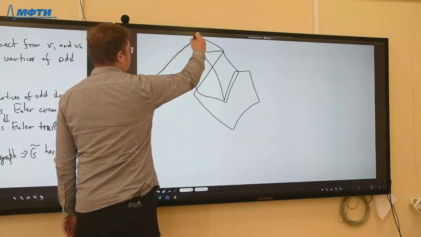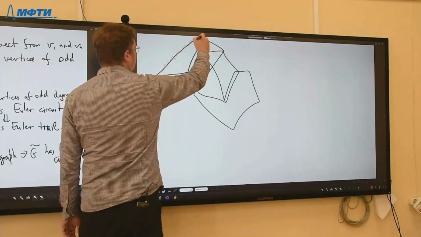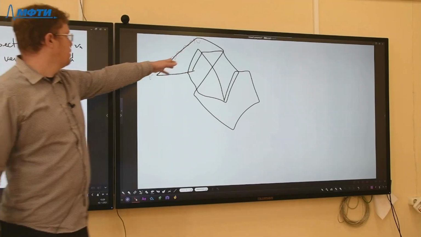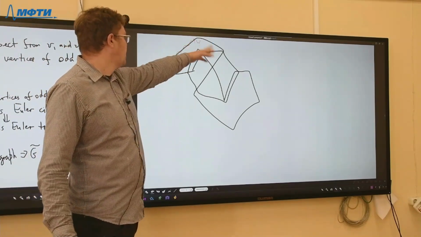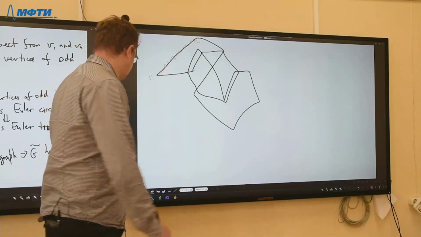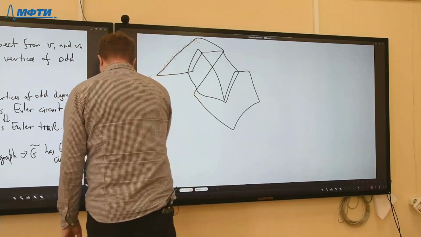Suppose this is the edge between V and W. That means that if we cut this edge from this graph, then the remaining part of the circuit will be the trail that we need to construct.